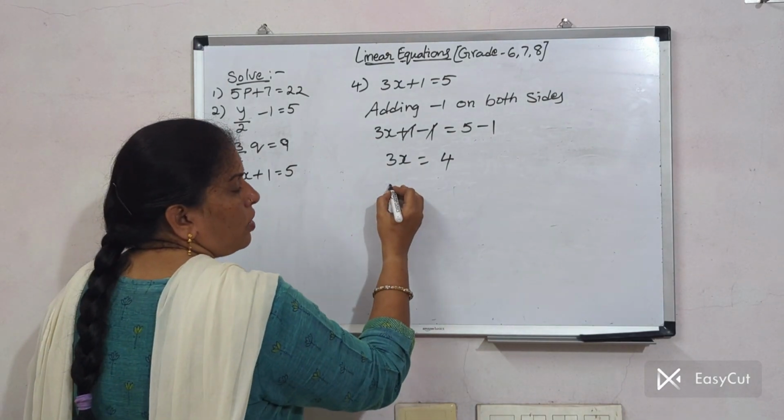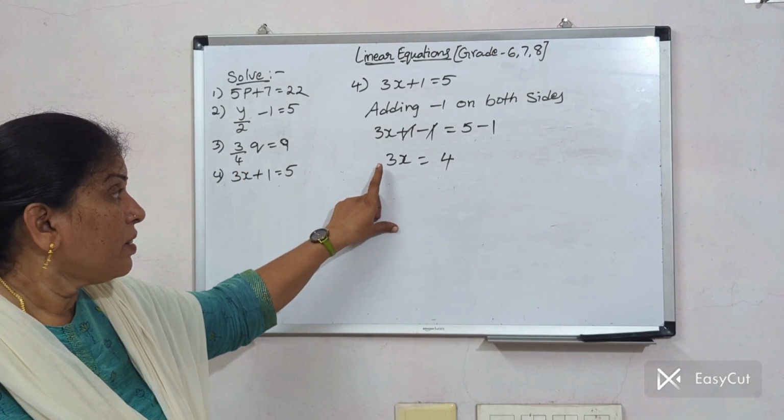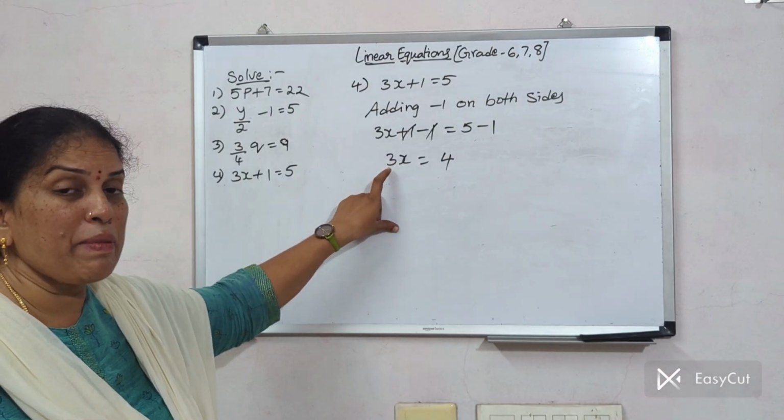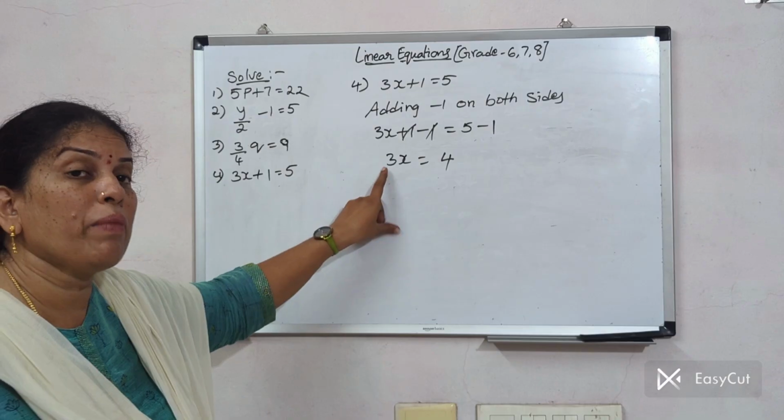Now we want the x value, but here 3 is still there. This is 3 times x. That means 3 into x. What is the multiplicative inverse of 3? 1 by 3.